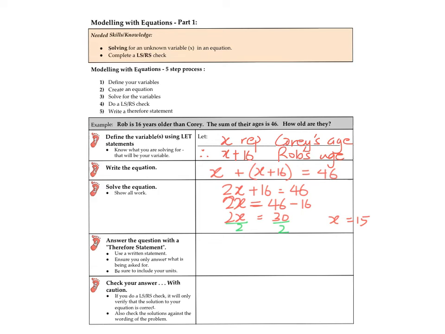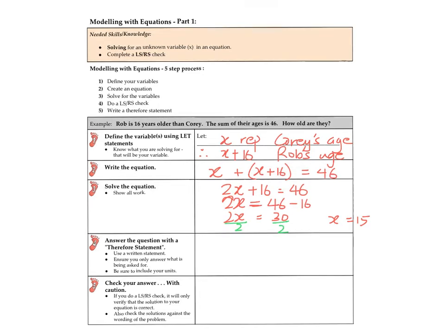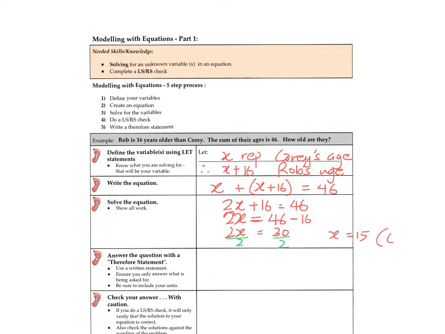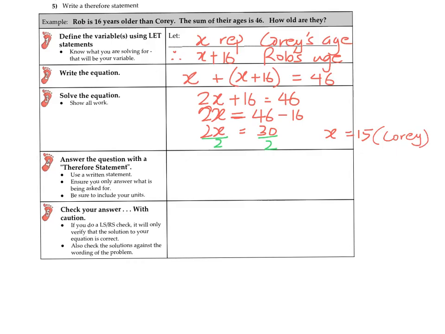And what was x? x was Corey's age. Therefore, we have Corey is 15 and Rob would be 16 years older than him. So that would be 15 plus 16, which is 31 years old.